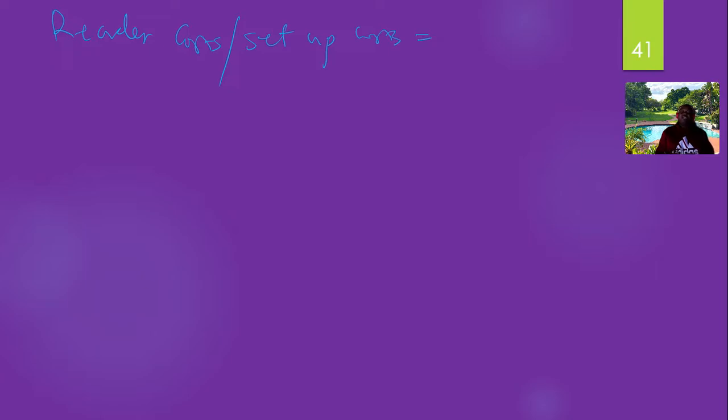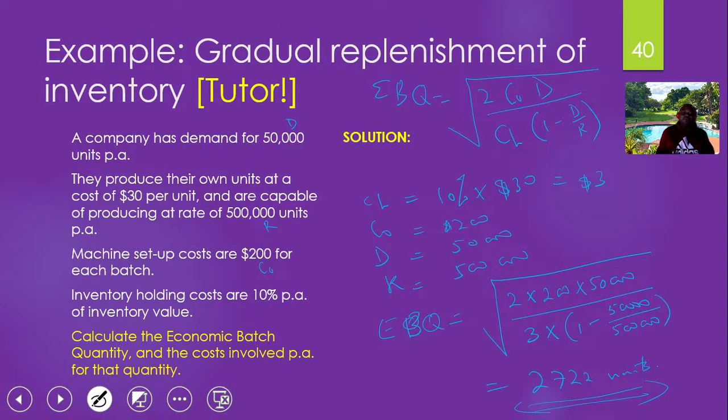In this case, the demand was 50,000, but we are ordering this economic batch quantity. Remember, it's economic batch quantity, but we're going to use the same principle as from the economic order quantity.